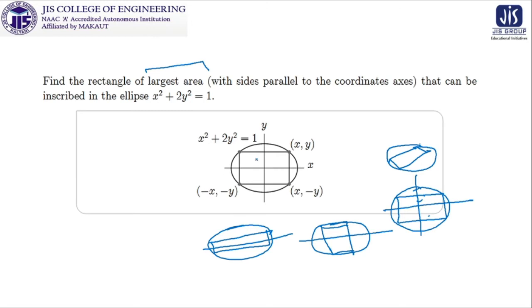So try to understand what your objective function is here and what your constraint function is here. First of all, your job is to identify both of them. Then only you will apply the concept, or rather technique or tool, whatever you want to say, of Lagrange's multiplier method.